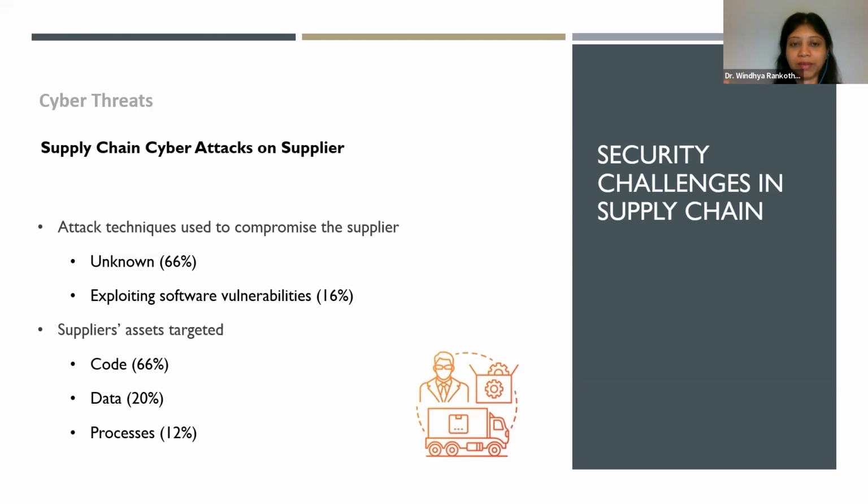That's why in 66% of the cases, they couldn't identify what the attack was. But in some cases, like 16%, they directly identified a vulnerability of the software that had been compromised. Since attacks are combined, and we have advanced persistent threat groups where different attackers from around the world work together, it's very difficult to detect the attack.